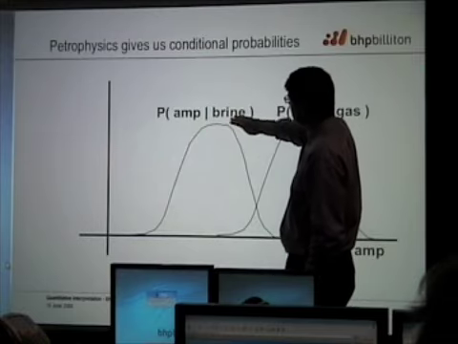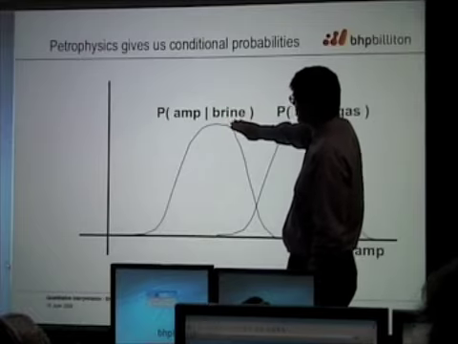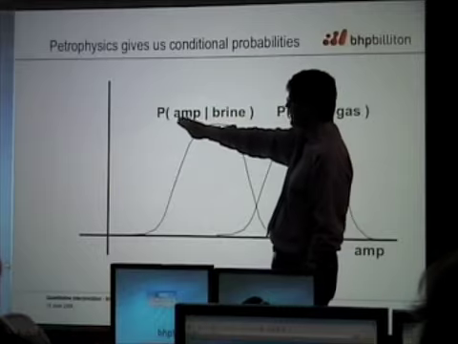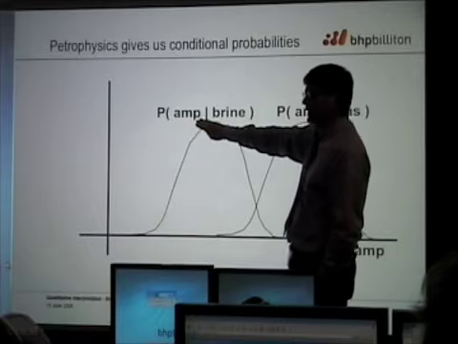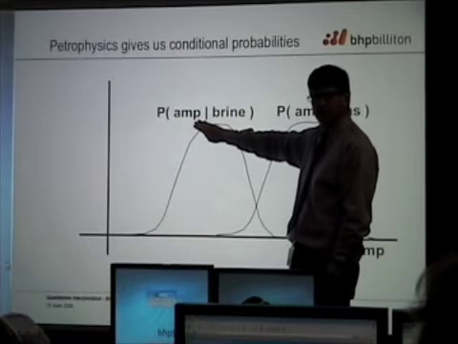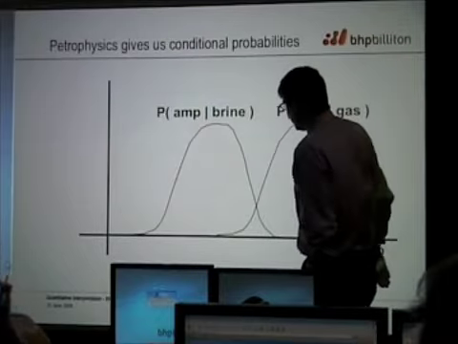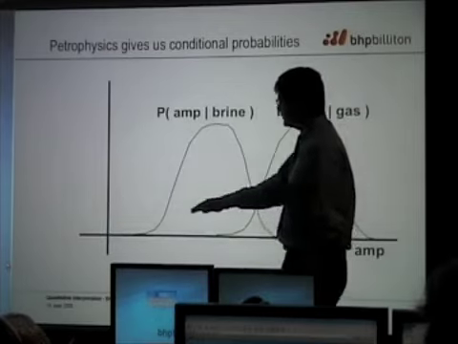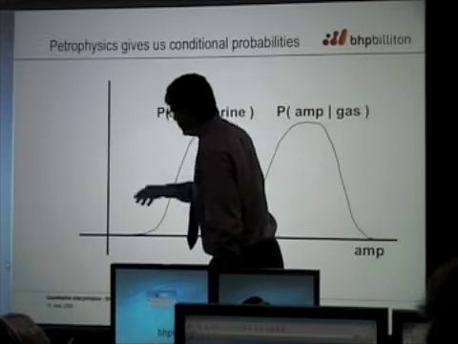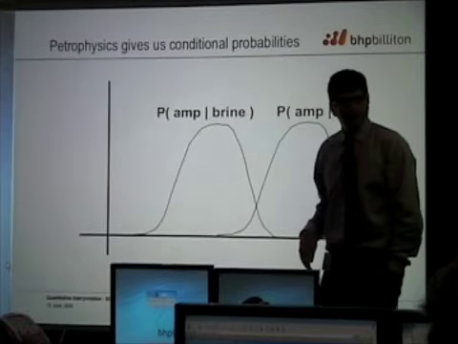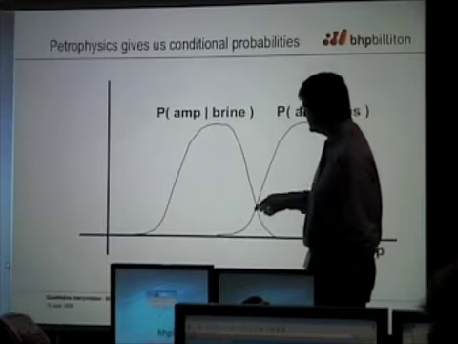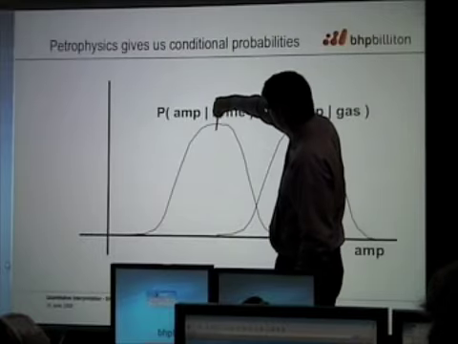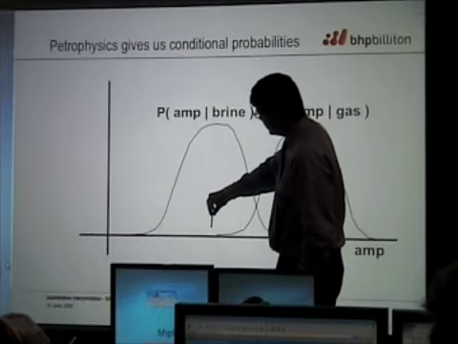Given that we have a brine sand underneath a shale, what is the probability that we'll have a certain amplitude or reflection coefficient? Or in other words, as a function of amplitude, what is the probability that we would have that one particular amplitude? As you can see here, the most likely value for a brine would be this value.